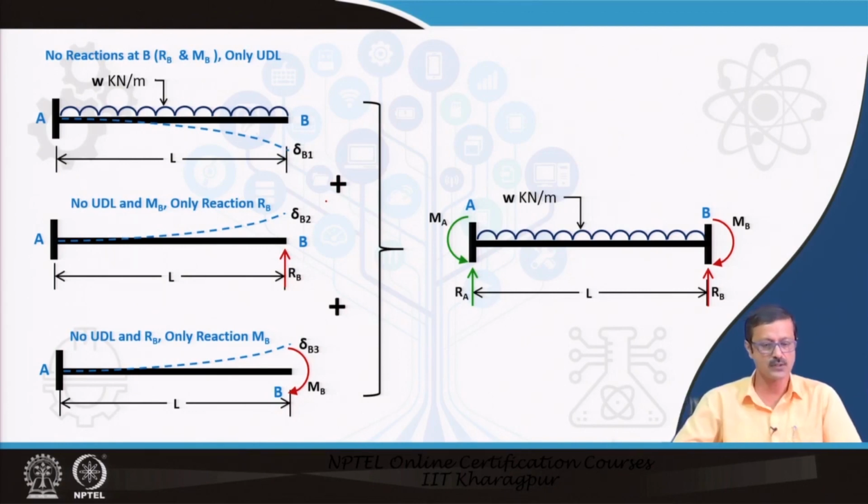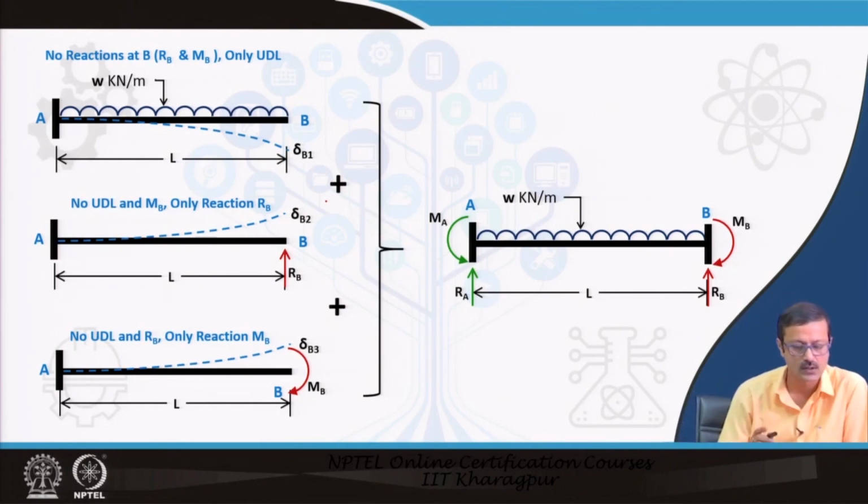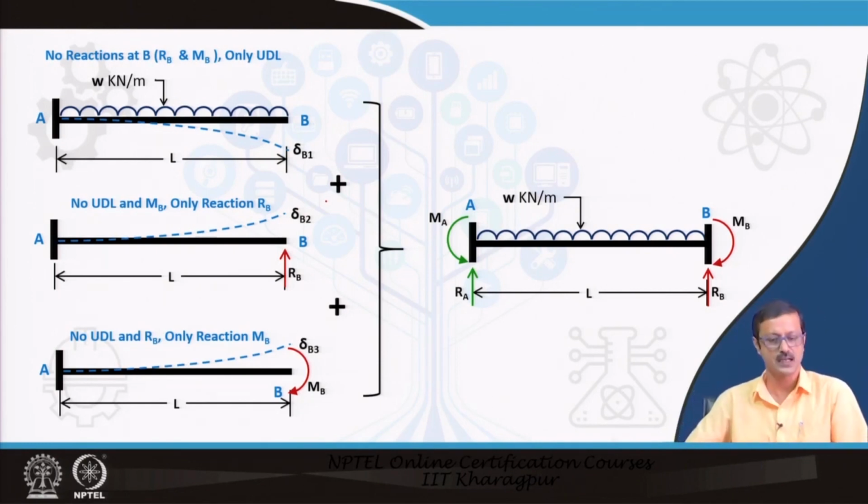So, what we do here, if you see in the first figure, no reactions at B are taken. So, actually this particular fixed end is removed. There are two things that we are removing, that is R B and M B. First, with the UDL we put that particular beam.